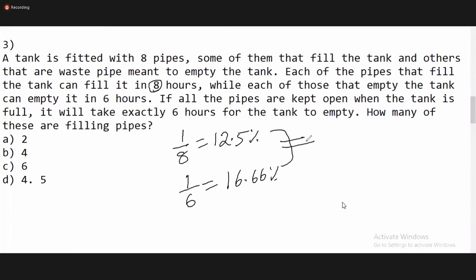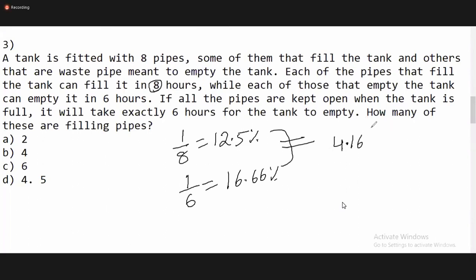Could you tell me what would be the difference here? I want the difference, approximately. Yeah, 4.16. Yes or no? So in every hour, it is emptying 4.16% of the work, whatever the work, water, whatever the thing.